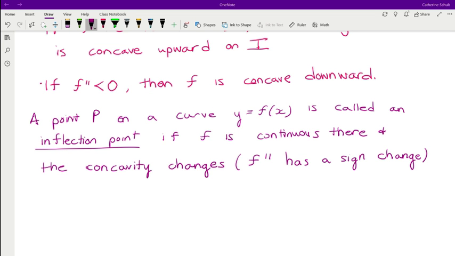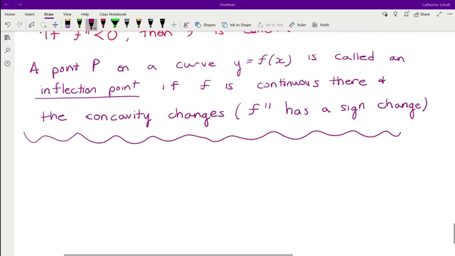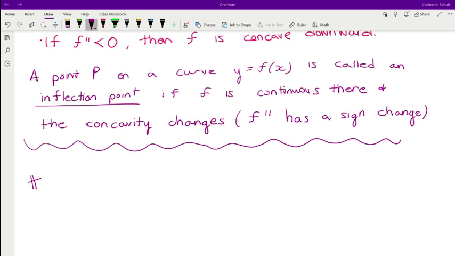Okay, so let's practice that. Let's go back to number 10. If you remember, that's this function. And on this function, we have done a couple things.